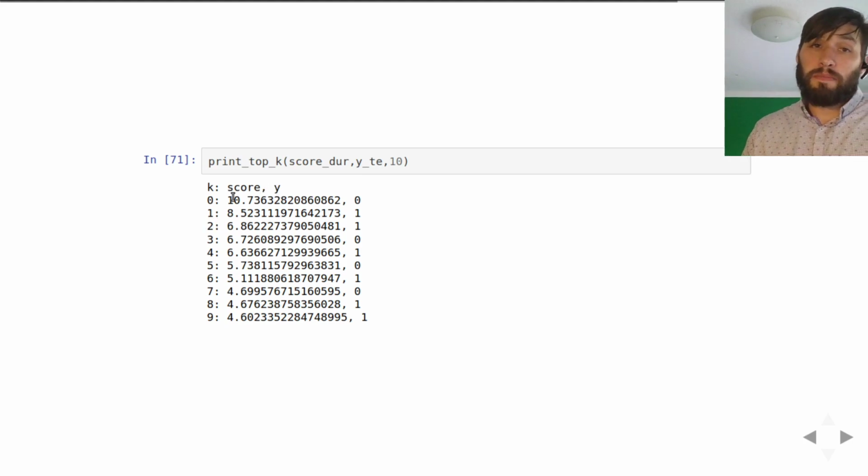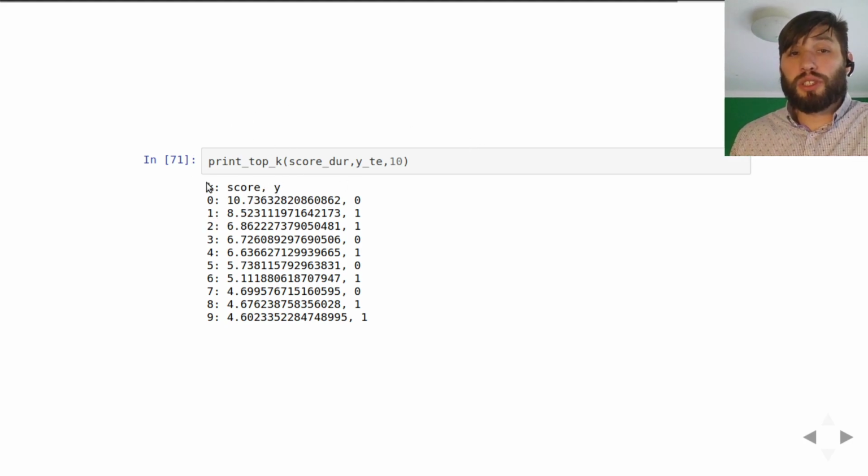So if we order them, this print top K is just ordering them and printing the top 10, for example. If we look at this duration score, so this is just a standardized version of the duration variable, the highest duration is over 10. Its test point turns out to be 0. So the highest duration one actually has a response of 0, and we would have predicted it as a 1.